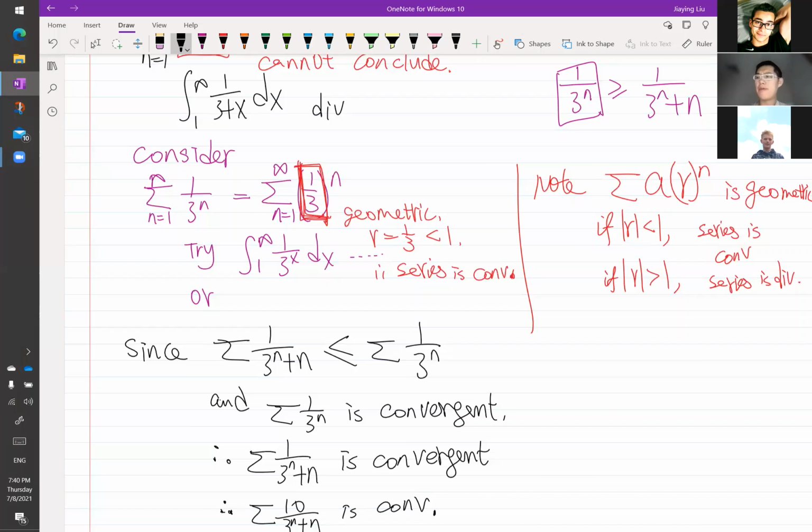In this comparison test, you just have to pick some function. You might pick one that doesn't give you any conclusion. Try to pick another one, either smaller or bigger. You might find multiple ones that are bigger, so try them all. And you might find one or two that are smaller than the given function. Try those.